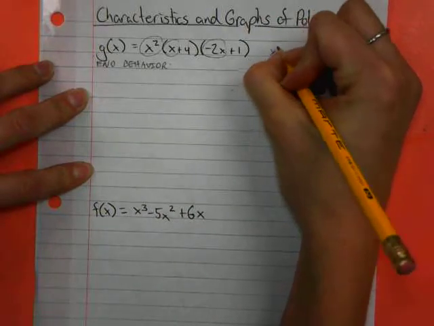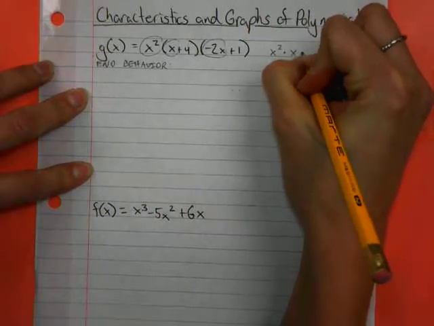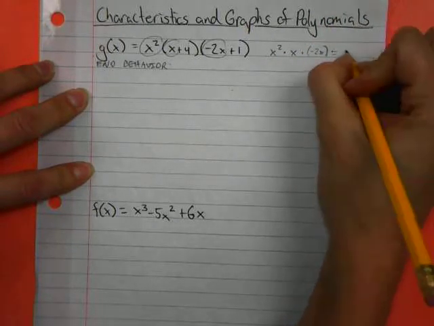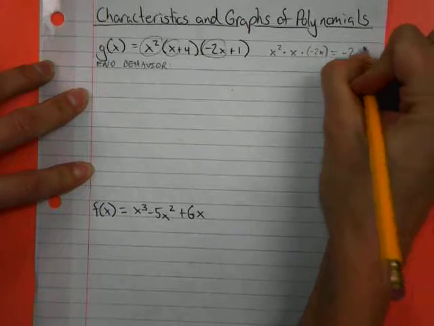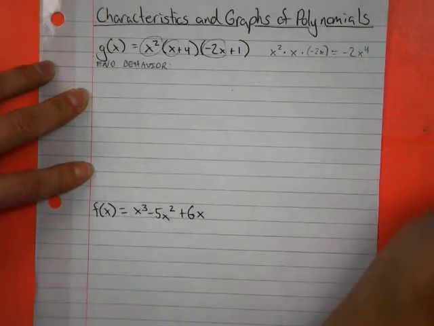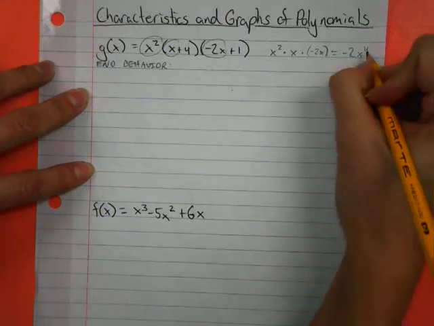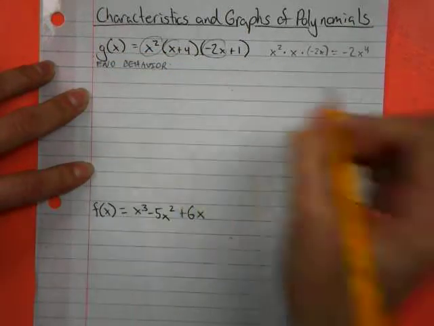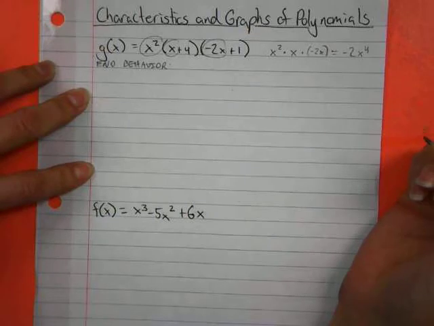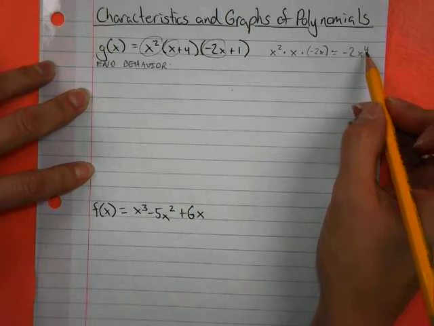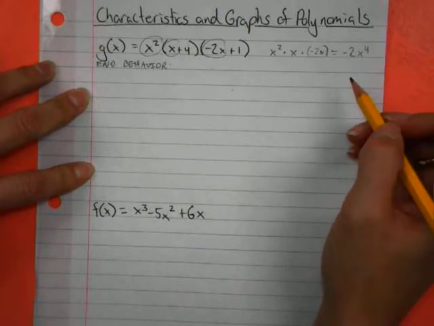So I have x squared times x times a negative 2x, and if I multiply all of those together, I would end up with a negative 2x to the fourth, and then the rest of the polynomial. But this would be my leading term with my highest degree. So if I think about the end behavior of a function that has this as its leading term, this is an even exponent and a negative leading coefficient.